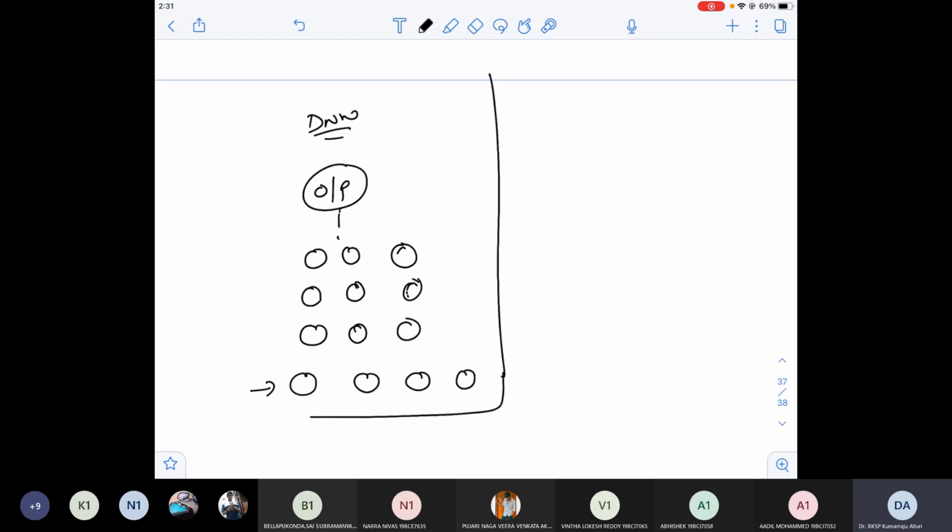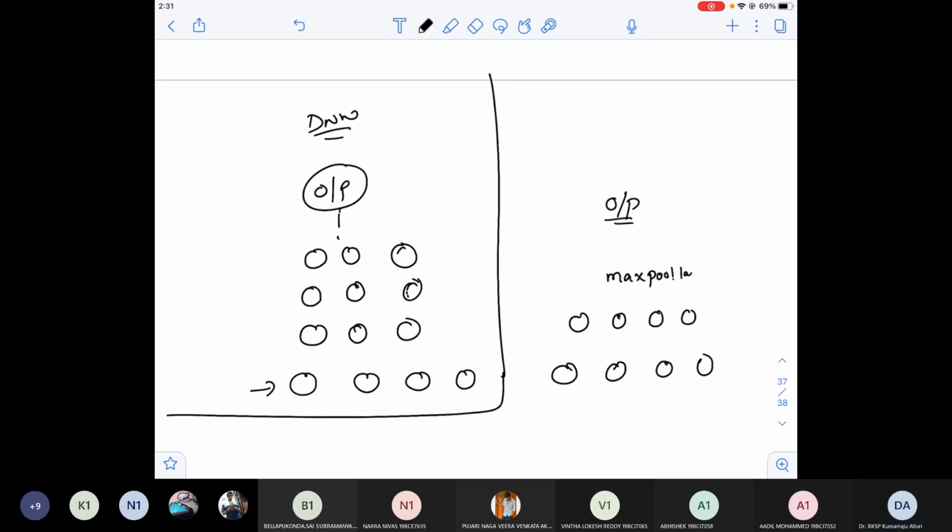Then what about CNN? In CNN, I'll have an input layer. I can have a hidden layer. That means, should I only use hidden layers till the output layer? No. There are a few more layers, which we'll learn slowly. There are other layers also, other than the hidden layer. One of the layers is the max pool layer.